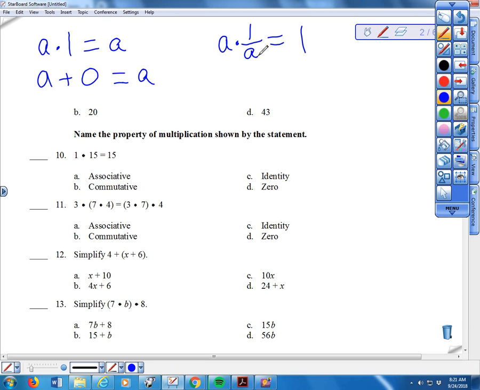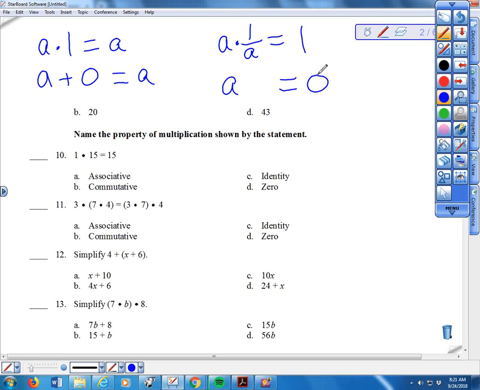The inverse property of addition is what number do I need to add to A to get 0, actually, sorry. This is the inverse property of addition.